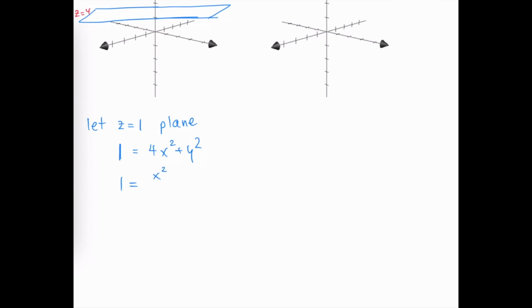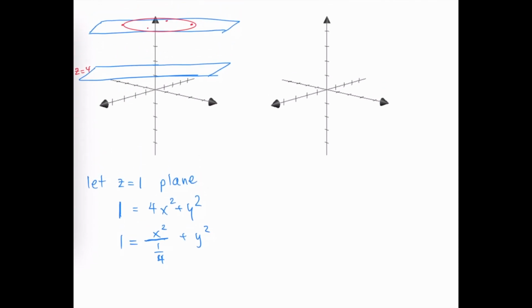Instead of saying times 4, I'm going to say divided by 1/4, which is the same thing, in order to see how far I'm traveling in the direction of x on this ellipse in that plane. In the direction of x, I'm traveling the square root of the number underneath the x, which is 1/2. So I'm going 1/2 in the direction of x and 1 in the direction of y in this z equals 1 plane.